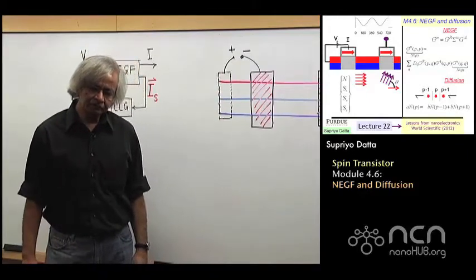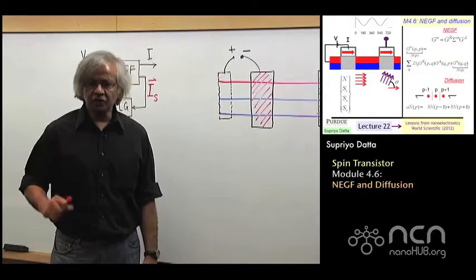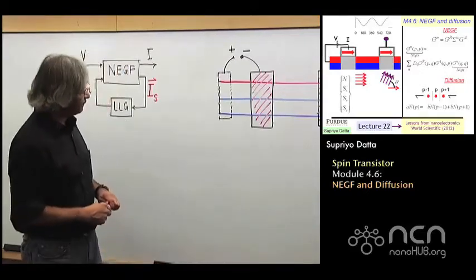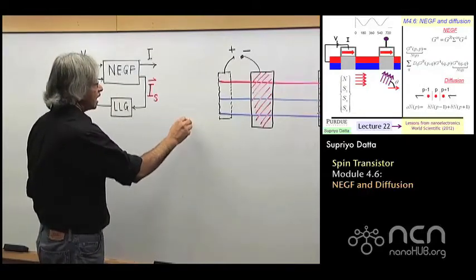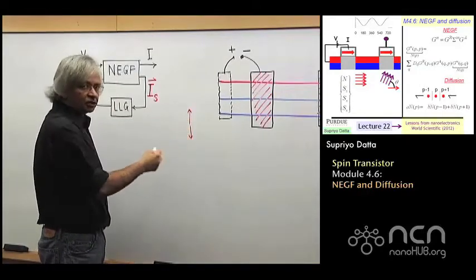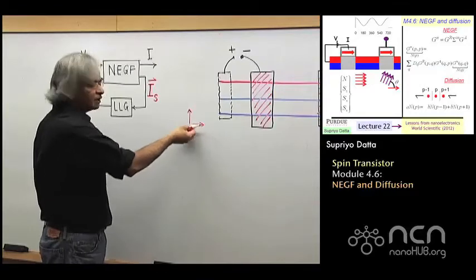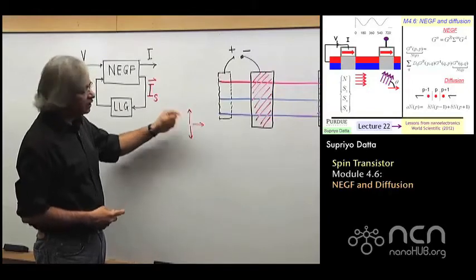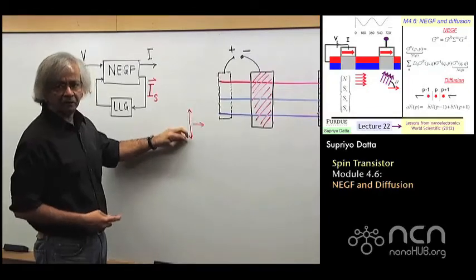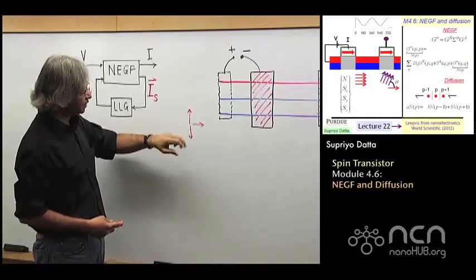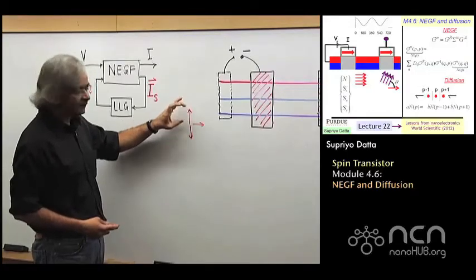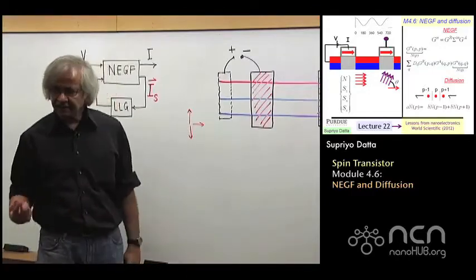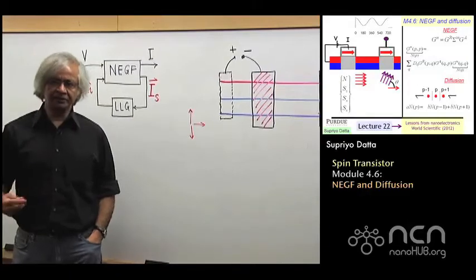And what we have now done using NEGF is also brought in these subtleties associated with the idea that there is not just an up and a down, but you could also have spins that point in intermediate directions. And something in this direction is actually a linear combination of an up and a down. So if this is the z direction, something pointing along x is like a combination of plus z and minus z. And this is the thing that the quantum method incorporates into it.